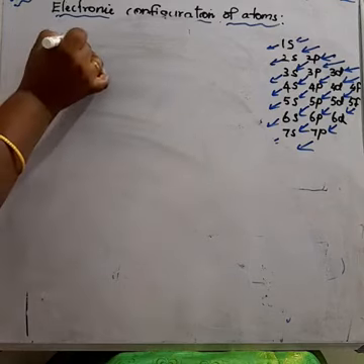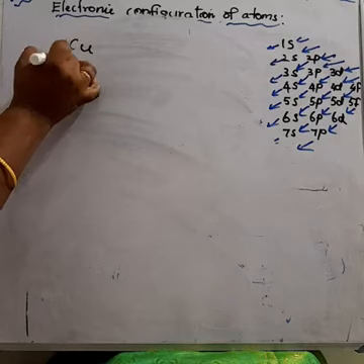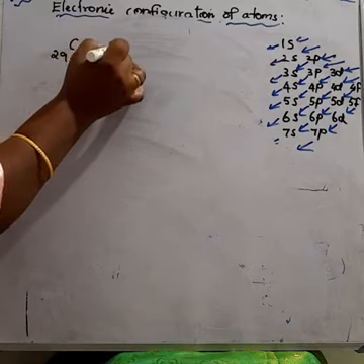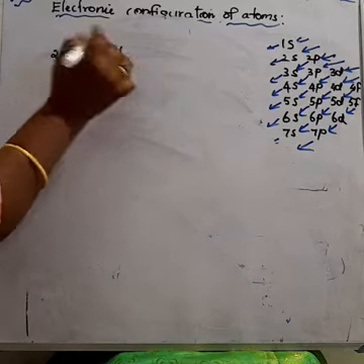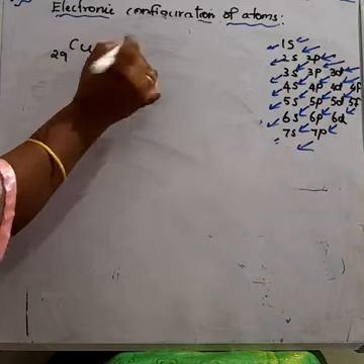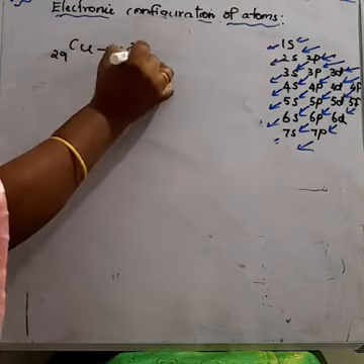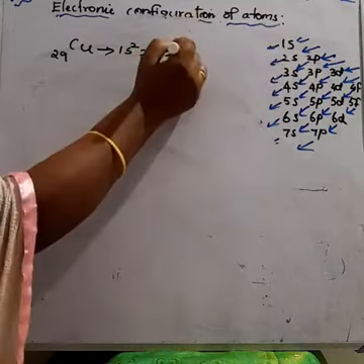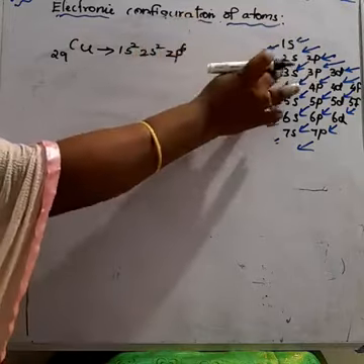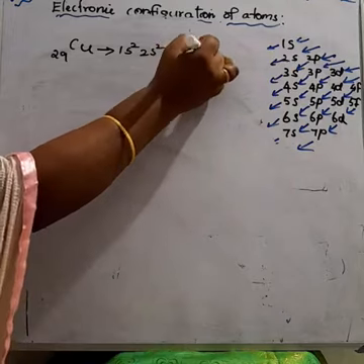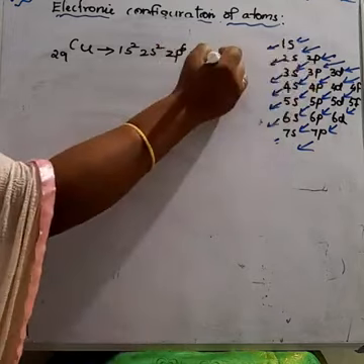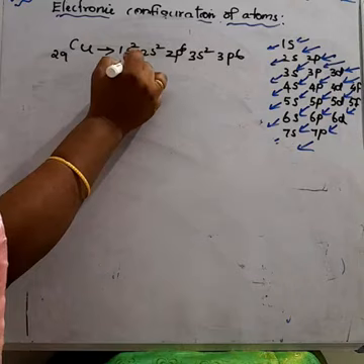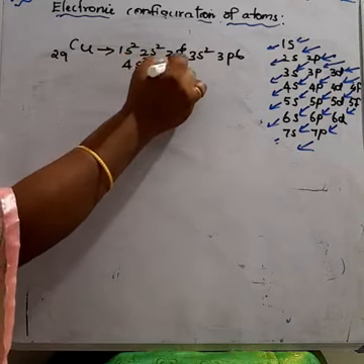So the expected configuration for copper, atomic number 29: how will you write it? First 1s2, 2s2, 2p6, then 3s2, 3p6, and then 4s2, and then 3d.